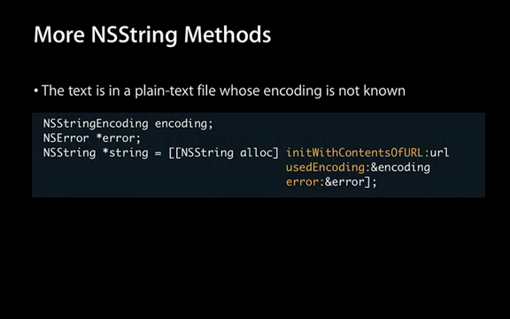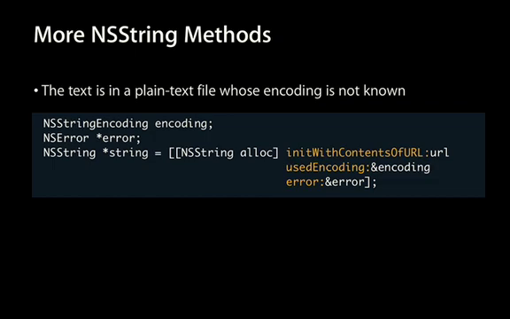But one thing the previous NSString writing method does as part of encoding handling is that when you write out a plain text file, it will add an extended attribute to it that specifies the encoding that you used to write it out. And so there's another method on NSString that you can use to read back one of those files, and it will take the encoding from that extended attribute that was written to it.